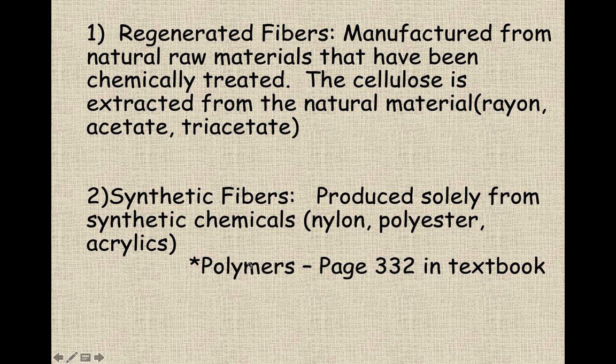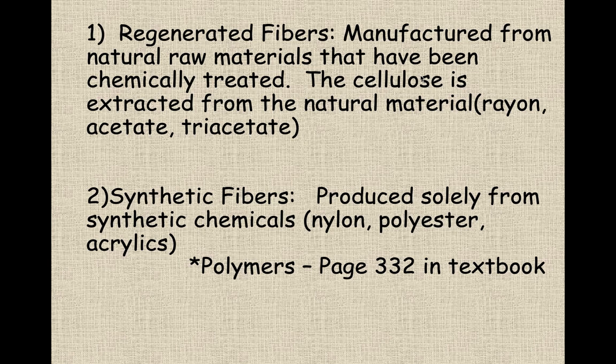Now, manufactured fibers can be broken down into two groups: regenerated or synthetic. Regenerated, think about if something regenerates, it comes from something else. A regenerated fiber has raw materials that are natural. You can have something like the cellulose in a plant, that structural molecule you find in plants and trees.